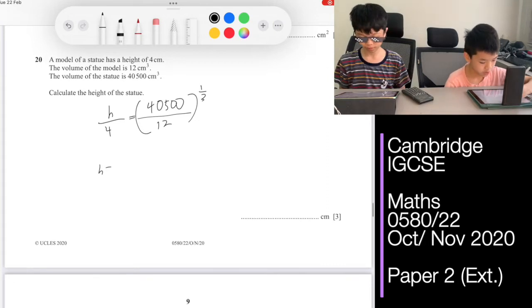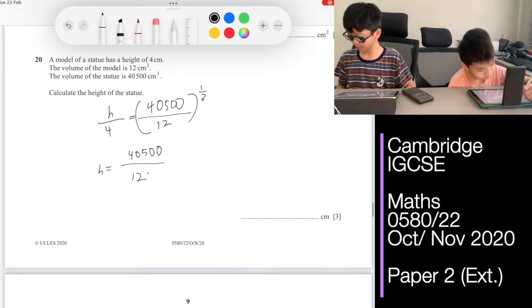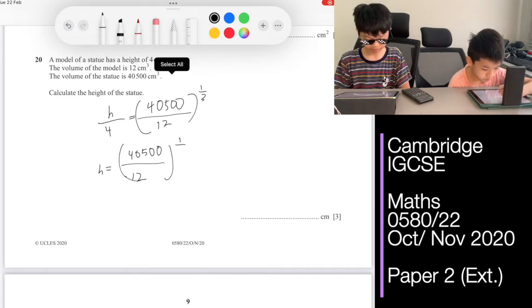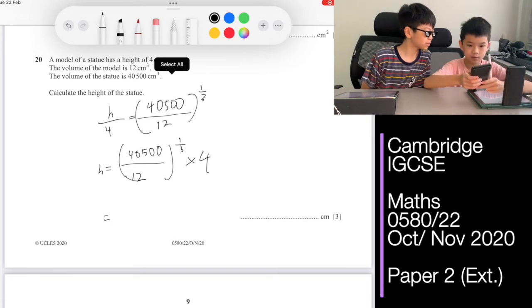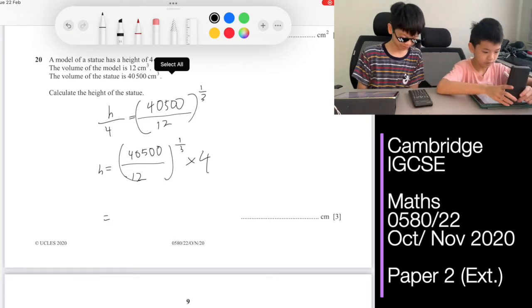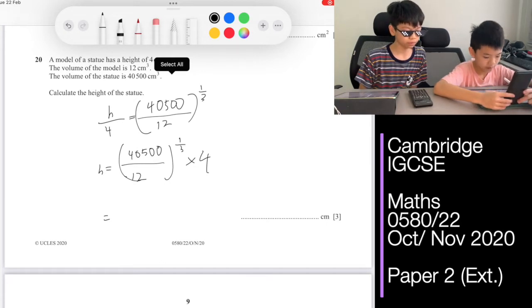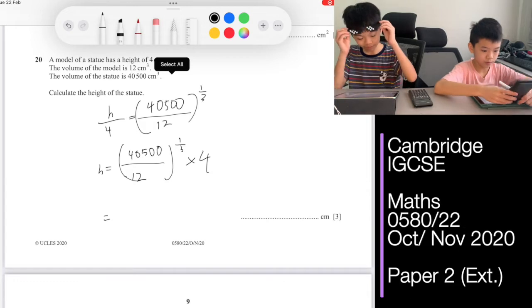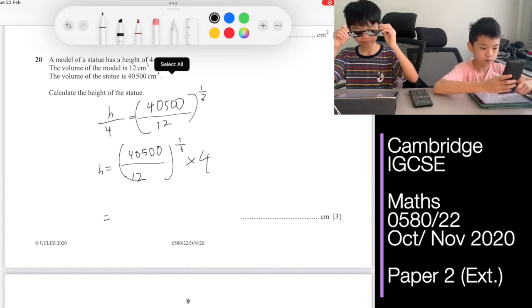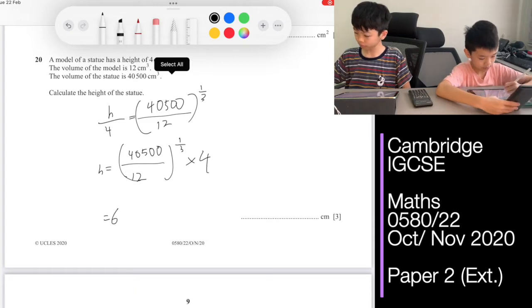So h equals 40500 divided by 12 to the power of 1/3, times 4. That would give us 60.